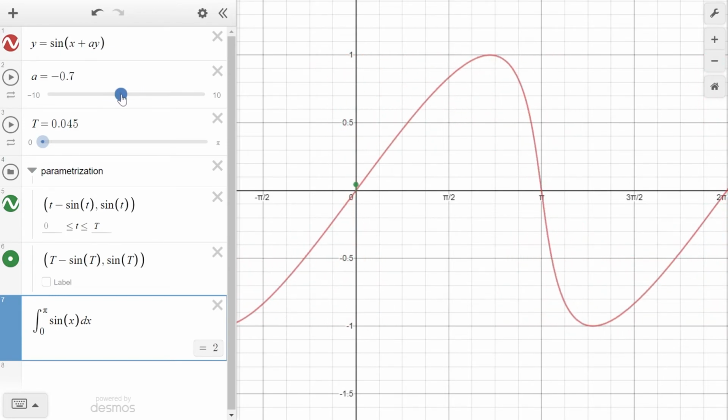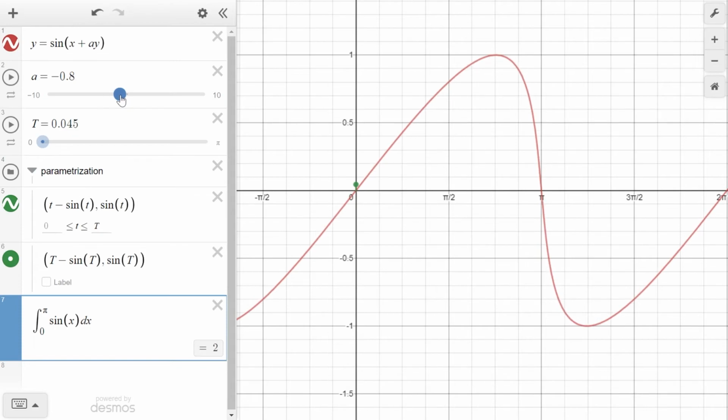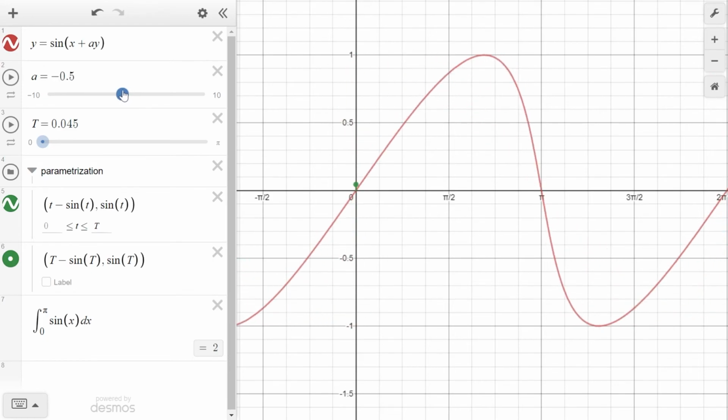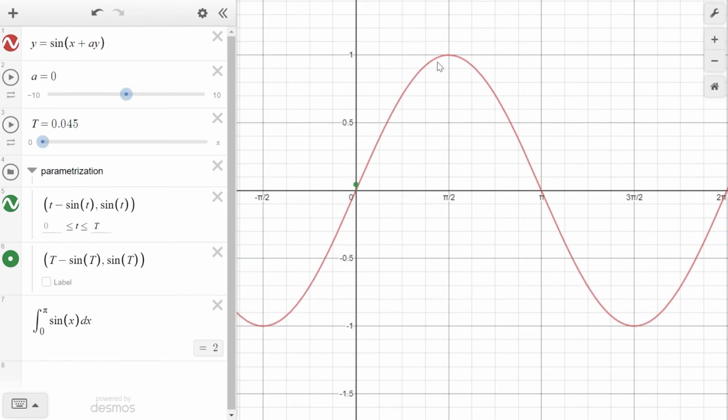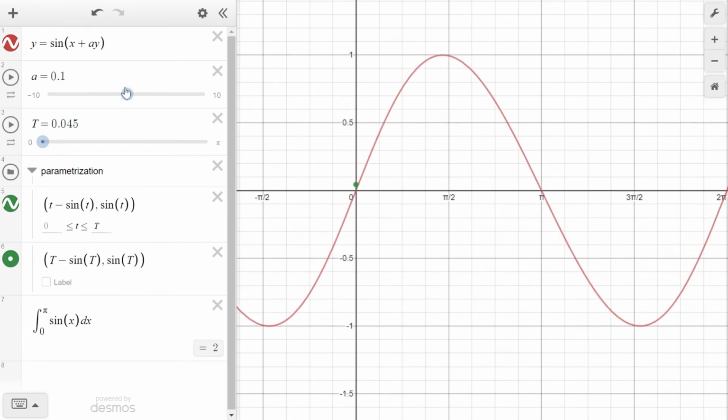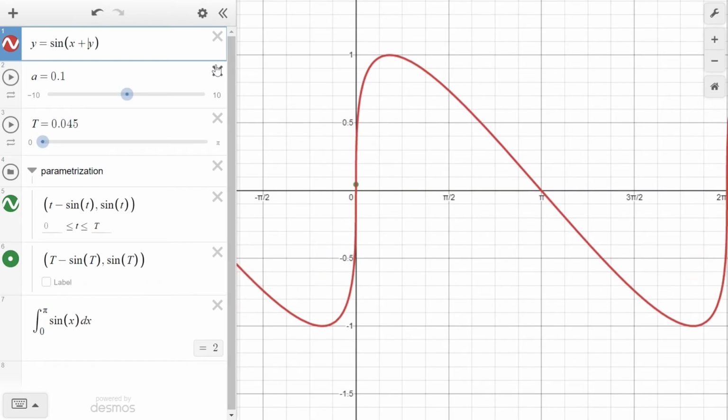So if you were to redo this with, say, a equals negative 0.7, you could do the whole thing all over again, and you should get 2 again. So maybe that's helpful to see that this is one you can do with Cal 1 techniques, and you can get 2. But if you do some shearing on these, the area is not affected, which to me is pretty interesting.